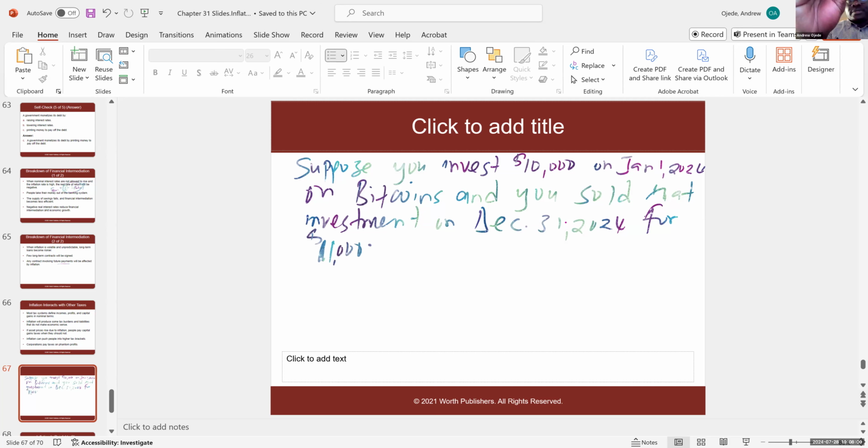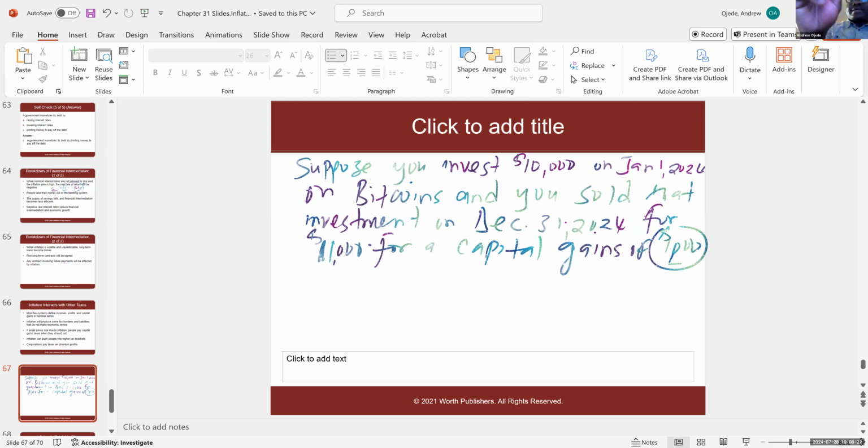Okay. So for a capital gain, that's a capital gain of what? For $1,000. That's how much you've gained. Gains of $1,000. By law, you're supposed to pay taxes on this $1,000. That's a capital gain. That's an income that accrued to you on your investment.